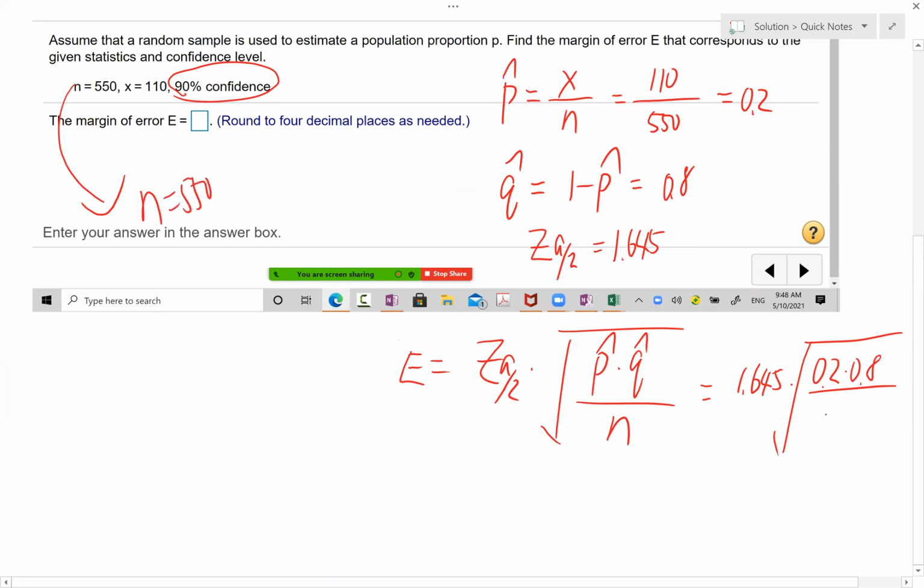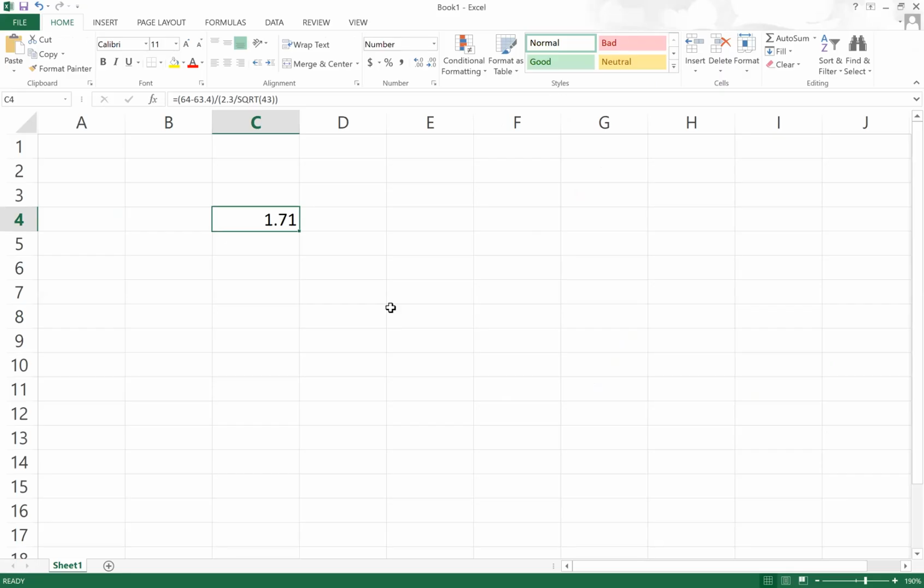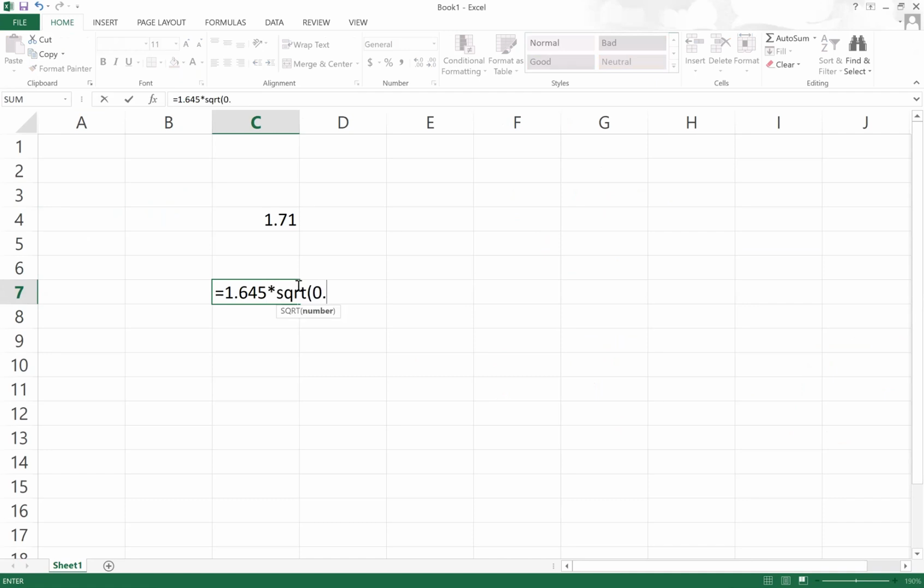Now let's find the margin of error. They want 4 decimal places. Again, I'm going to show you in Excel: 1.645 times square root of 0.2 times 0.8, divided by 550, close it.